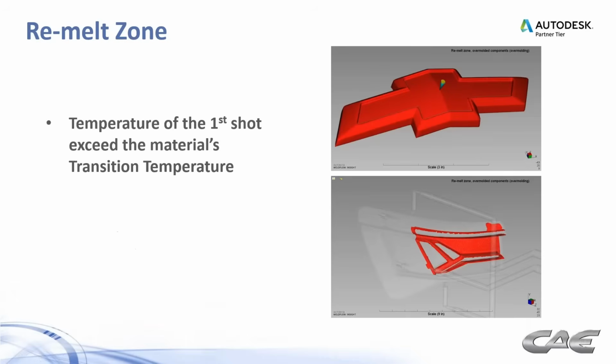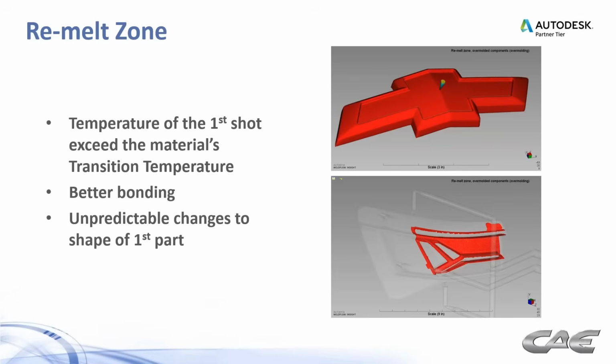This is what a remelt zone plot looks like in Moldflow for 2 different examples that we've shown already. So in order for something to be considered remelted, the temperature of the first shot has to exceed the material's transition temperature, which is essentially the definition of melted material. When you have remelted material, you tend to get better structural bonding between the 2 parts. But one of the downsides to that is having unpredictable changes to the shape of the first part.